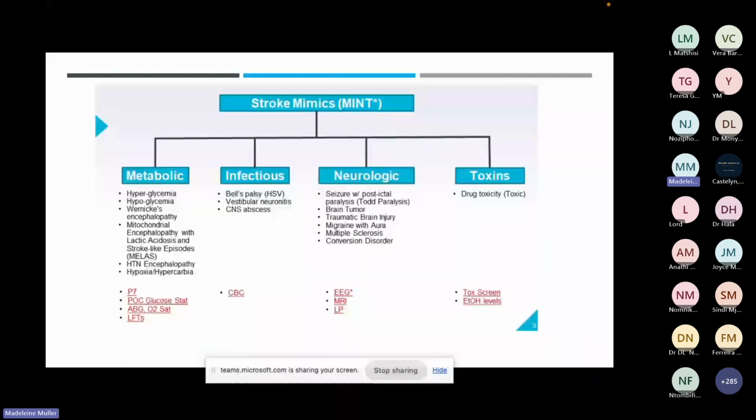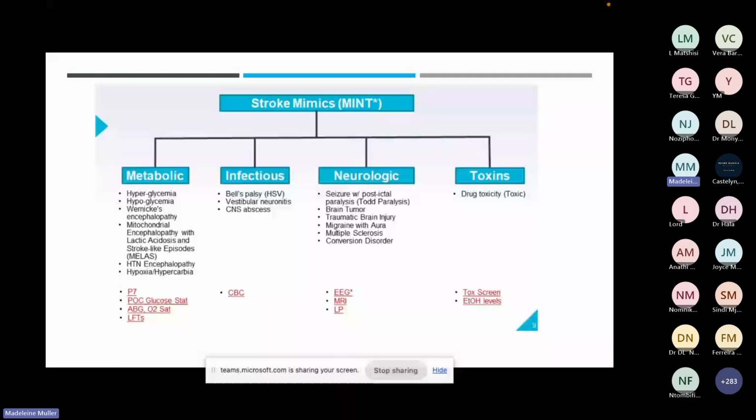All right, so when we are approaching a patient with neurological symptoms, it's important for us to have an understanding that there are actual stroke mimics. So these can be metabolic, infectious, neurologic, or actual toxins. So the most important under the metabolic, or rather the most common, would be the case of hypoglycemia.